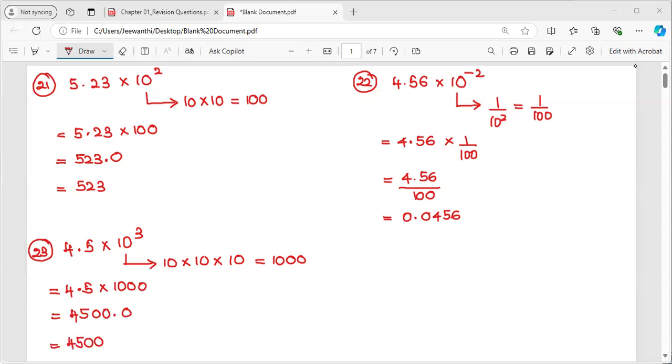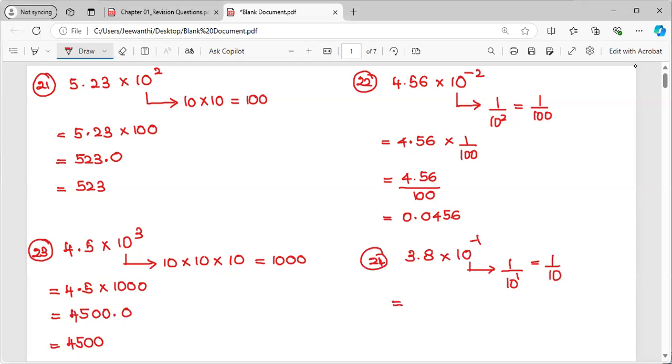Then we will move to question number 24. It is 3.8 times 10 to the power negative 1. What happened? 10 to the power negative 1 is 1 over 10 to the power 1, that means 1 over 10.